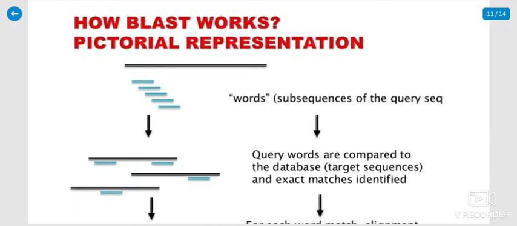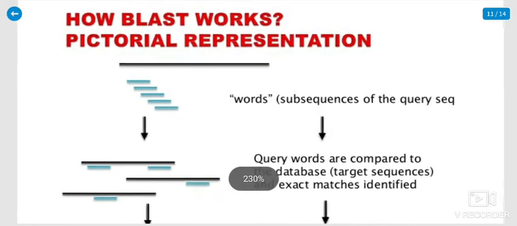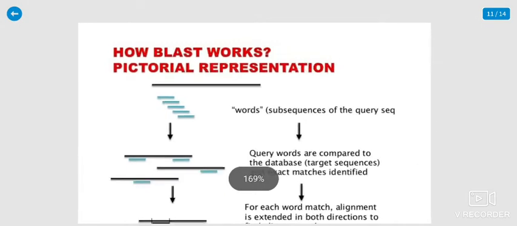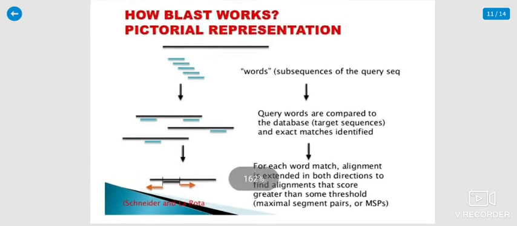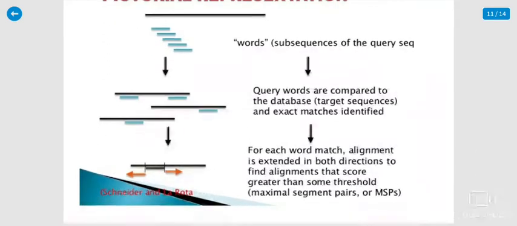This is the pictorial representation of how BLAST works. This is the picture method: the word subsequences of the query sequence. So these are all the structure of the BLAST method.